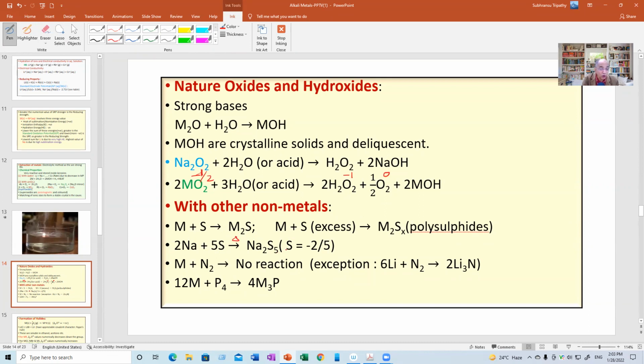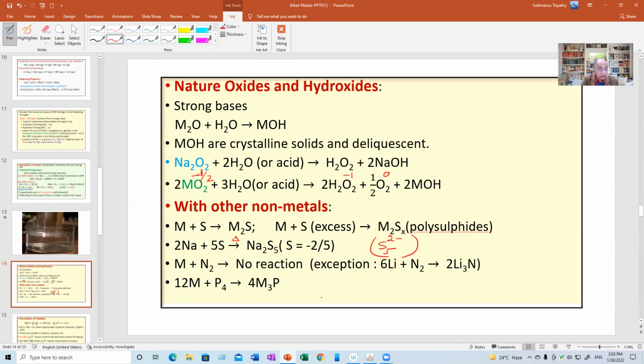It's not a normal sulfide. It is a polysulfide where S5 2-, so that sulfur has an average oxidation state of -2/5, right? So with excess sulfur, these metals can give their polysulfides, but with limited sulfur, it will give their sulfides.